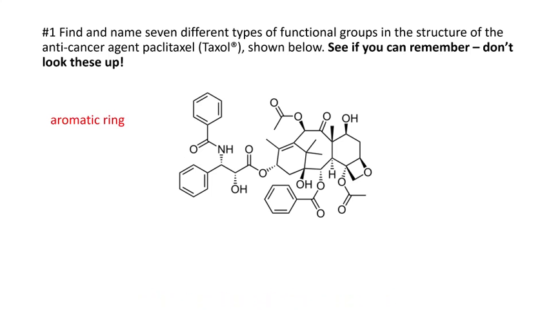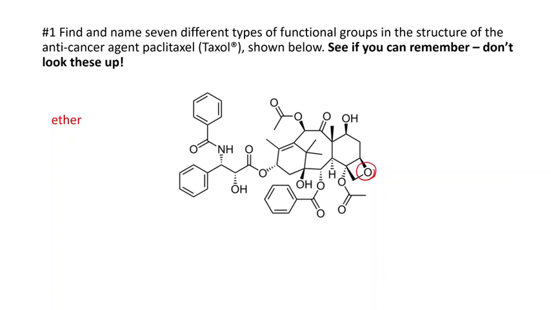First one up, aromatic ring. We have 3. 1, 2, 3. Double bond. If you look carefully, did you find that one? An ether. Okay, again, a little hiding here.